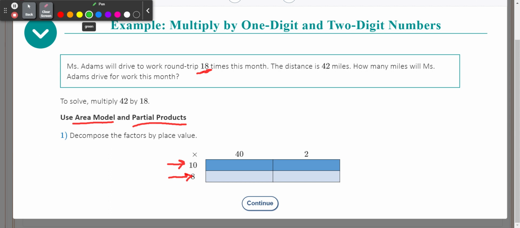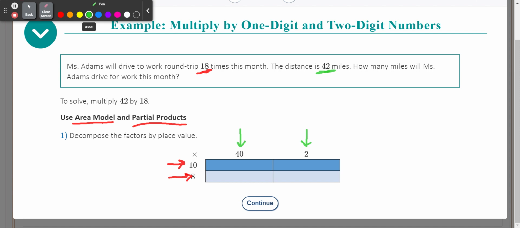Let's look at the second number, 42. 2 is in the ones column, so its value is 2. And 4 is in the tens column, so its value is 40. So I have a little grid that looks like this. I have 10 and 8 for my two rows, and I have 40 and 2 as my two columns.